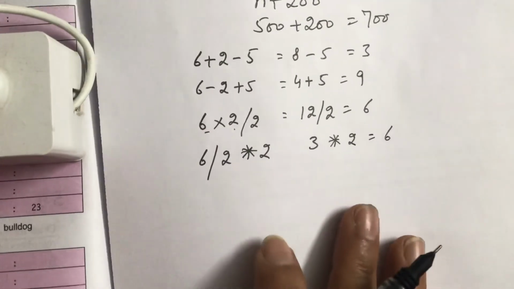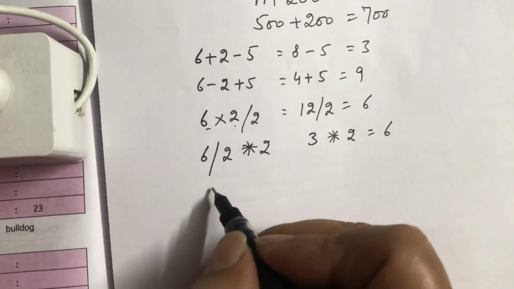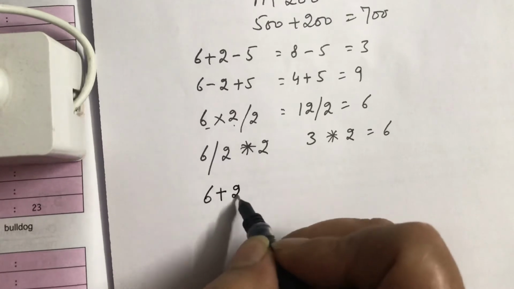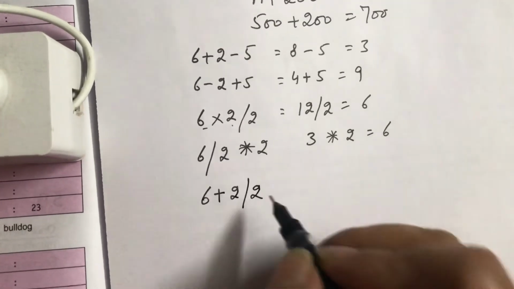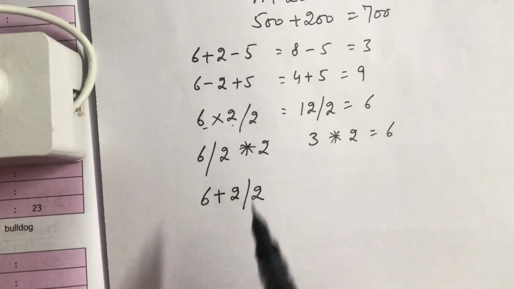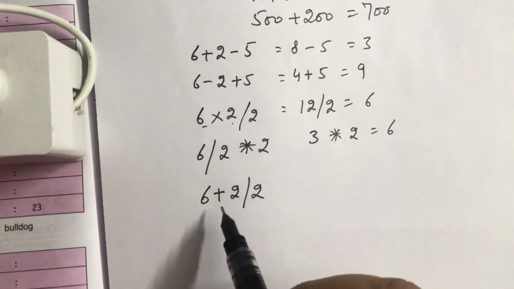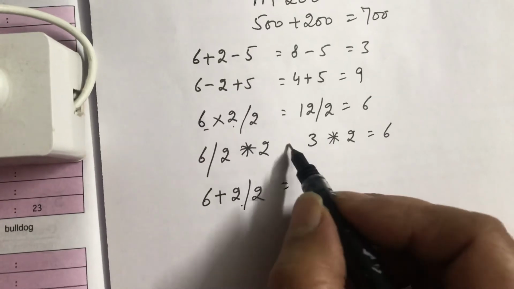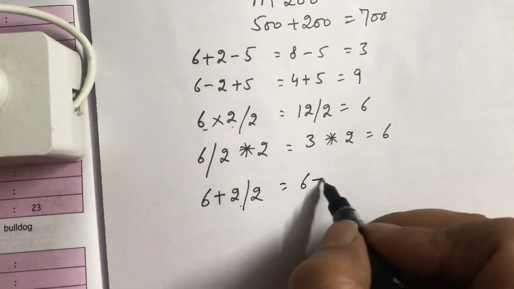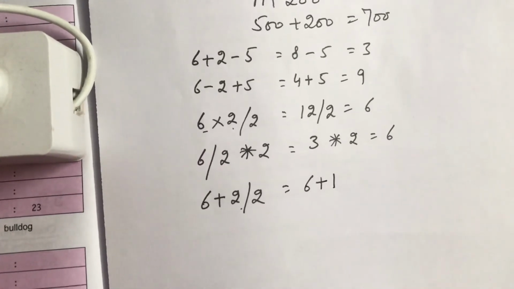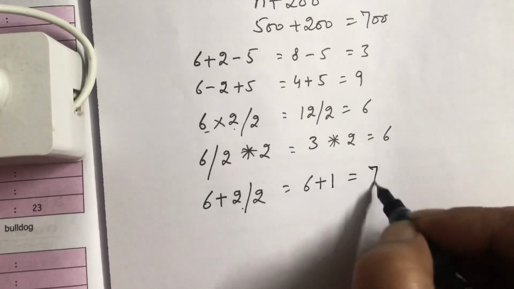Now likewise, if I write 6 plus 2 divide by 2, division, multiplication or modulus have a higher precedence as compared to plus and minus. So first division, and then the answer is going to be 7.